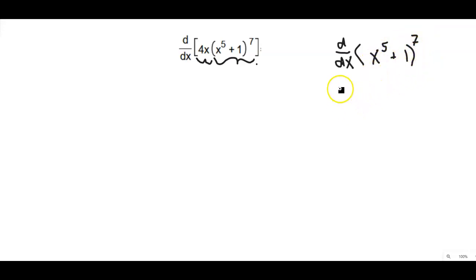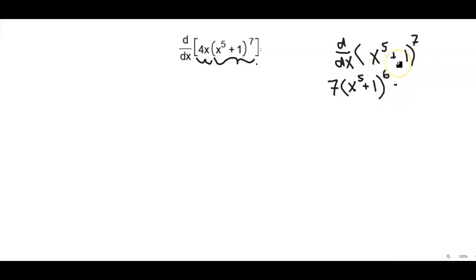Taking the derivative of the outside function, we keep the inside function the same. We apply the general power rule, bringing the 7 out front, and we still have the inside intact, x to the fifth plus 1, and then we subtract 1 from the exponent, so 7 minus 1 is 6. Then we multiply that by the derivative of this inside function.